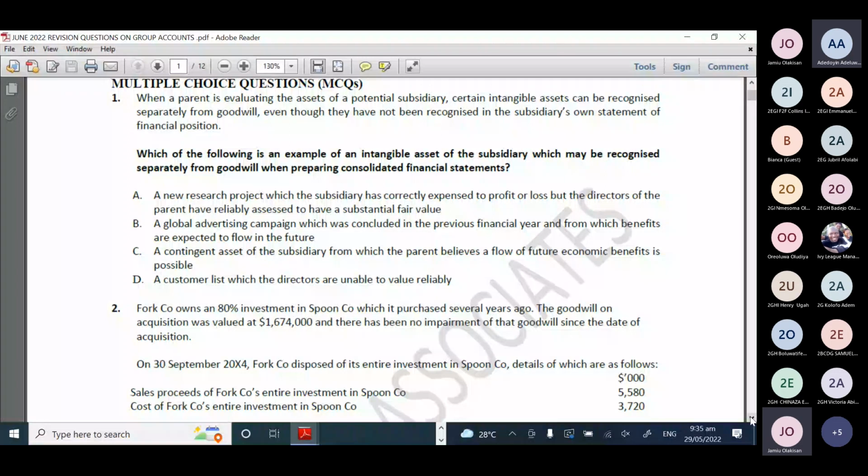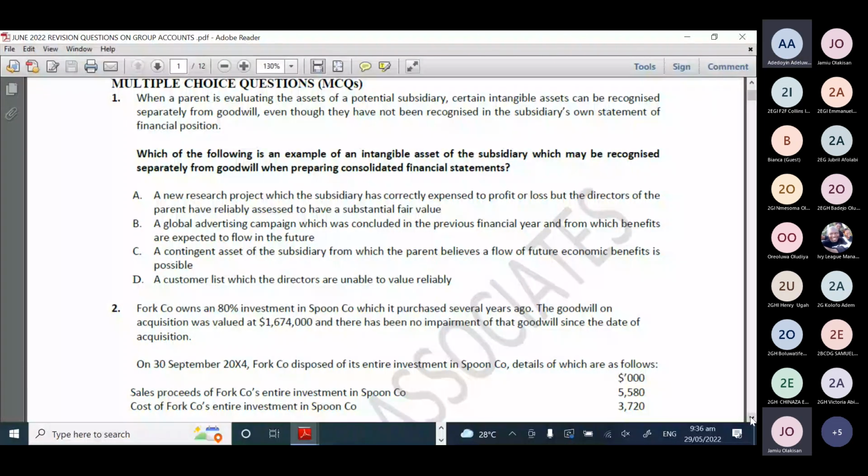I just wanted to find out, during this session, are we also going to be looking at associates, aside from subsidiary? I tried a few questions on it yesterday. I think there are some things that I'm missing. So I was hoping that would be part of the things we'll look at today.